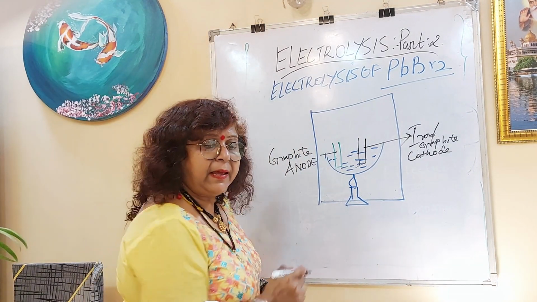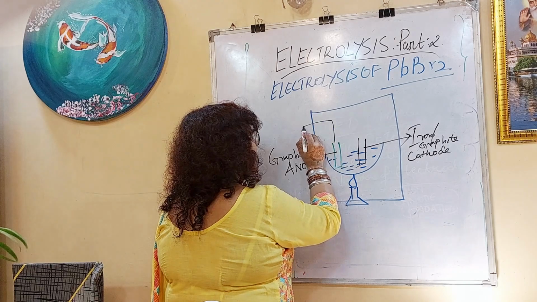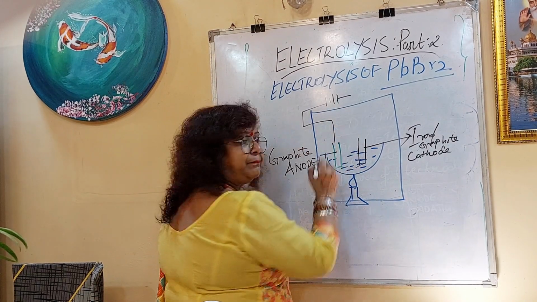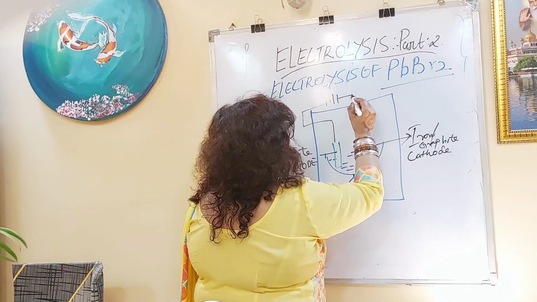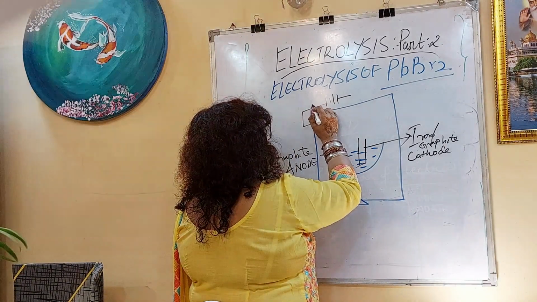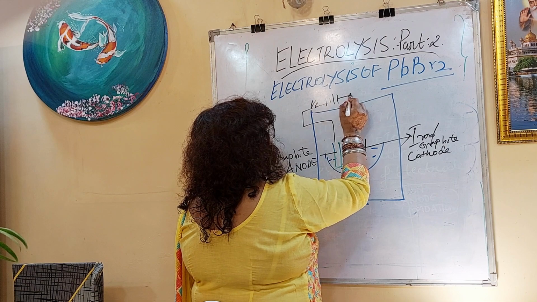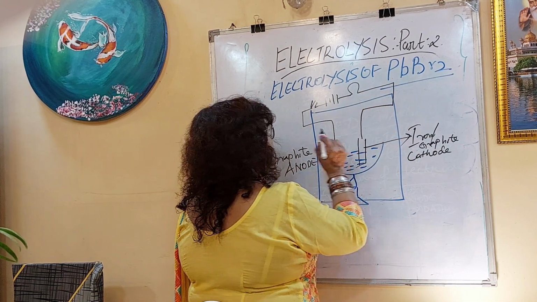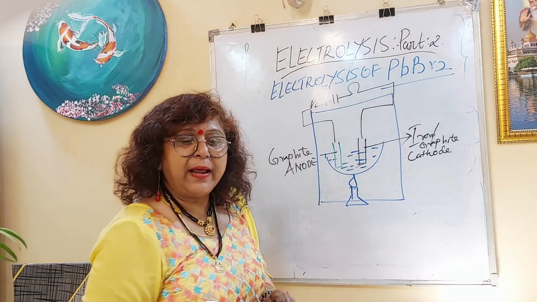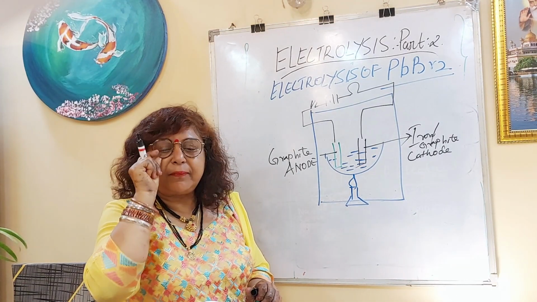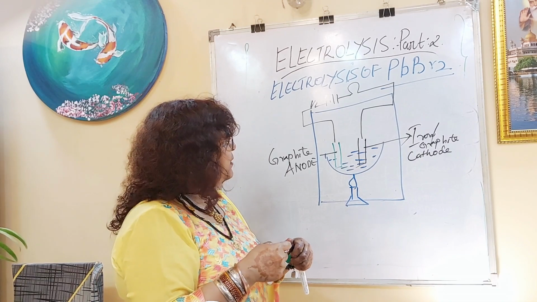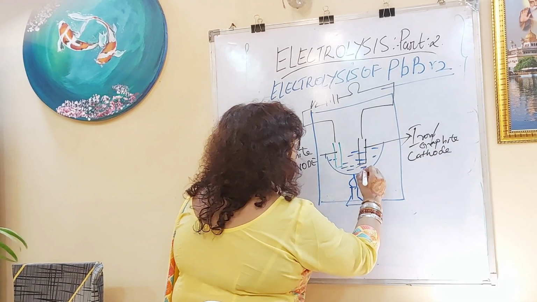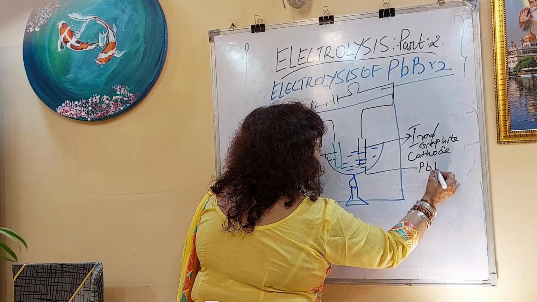Okay, and then as usual the electrolytic cell. The key is there and the bulb is there, and then this connection is there. Okay, anode and cathode. So, electrolysis of molten lead bromide. This dotted one is molten lead bromide.